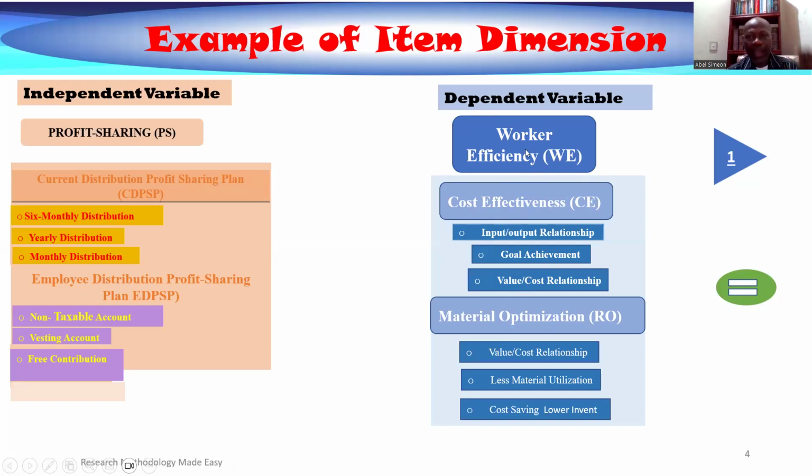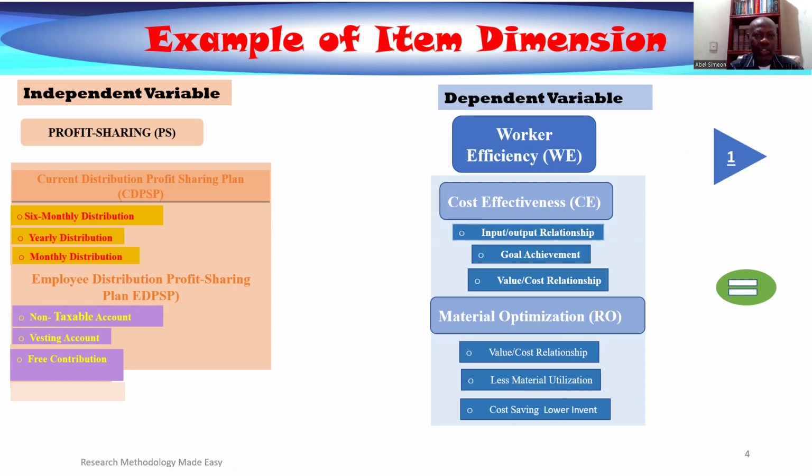The indicator of worker efficiency is cost effectiveness. Then we have material optimization. Under material optimization, you have value cost relationship, less material utilization, cost saving, lower investment. These are indicators under material optimization. So you can see the item dimension structure of the conceptual framework. This is how it is.